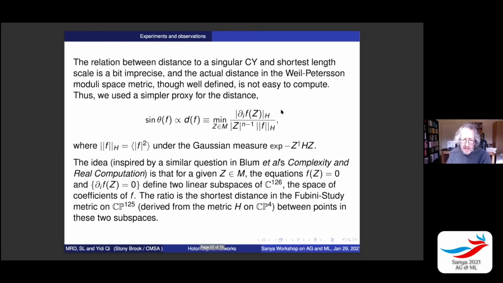And then I actually got the idea from looking at other works on complexity and numerical analysis, that this question of what's the distance to the discriminant locus often controls the accuracy and the convergence rate of numerical methods. And so this is adapted from Bloom et al.'s definition for similar problems of that distance to the discriminant locus. And you can show it has a definite relation to the distance to a conifold point if you're sufficiently close.